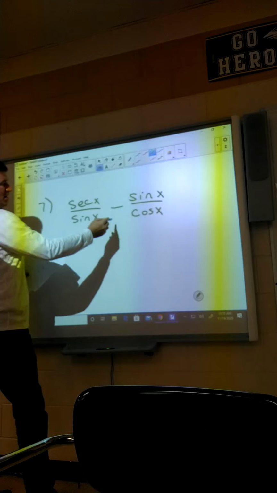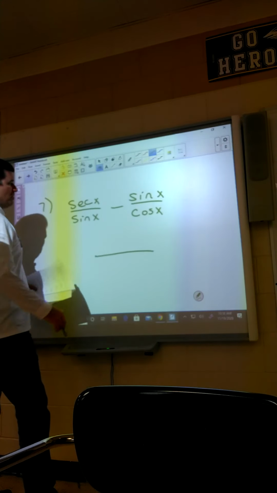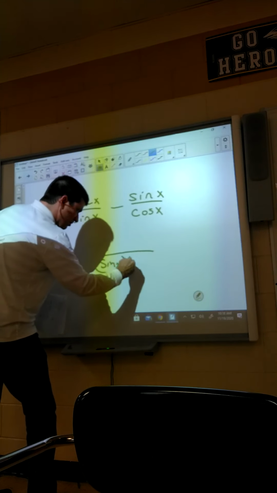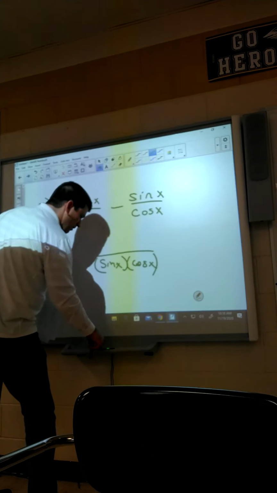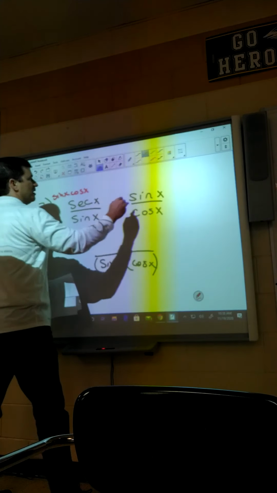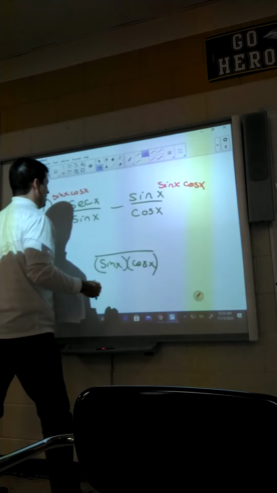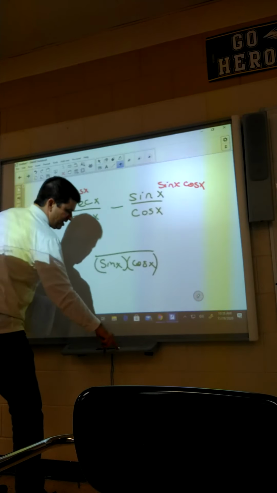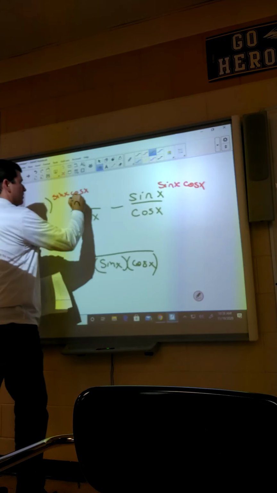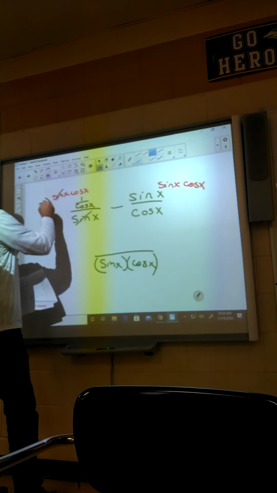All right, anytime you got plus or minus in between your fractions, that's just a common denominator problem. So we're going to write sine and cosine both down on the bottom as our common denominator, which means I want y'all to write it here and here. Okay. Now, secant, I need to change that into 1 over cosine. All right, so my sines cancel out.